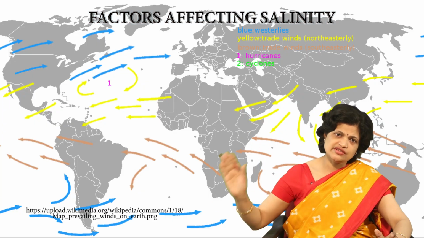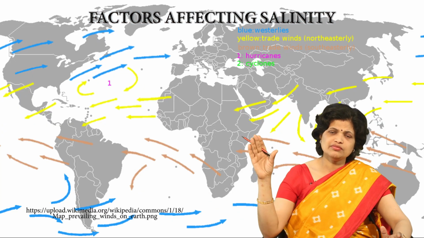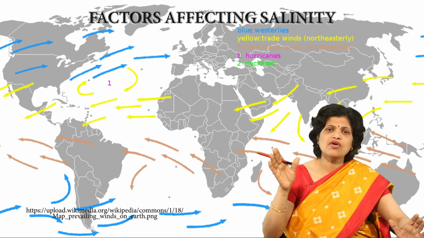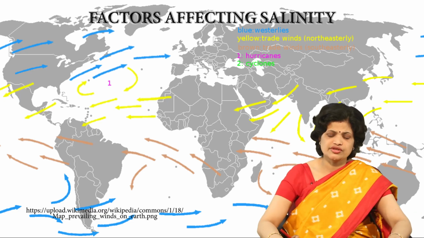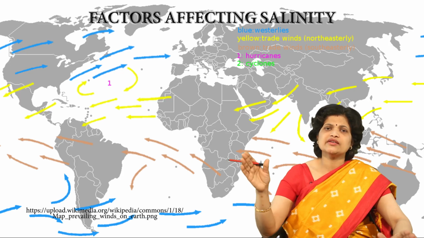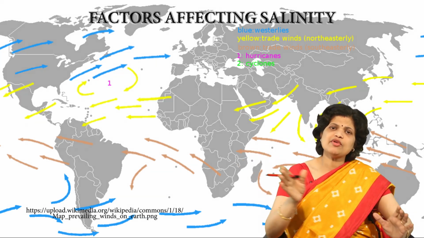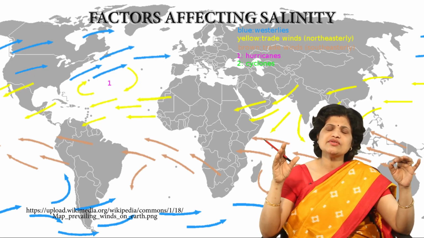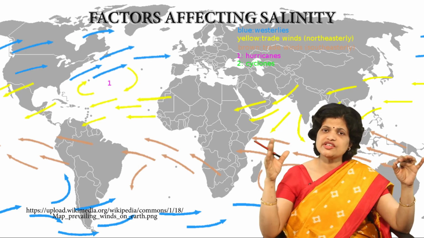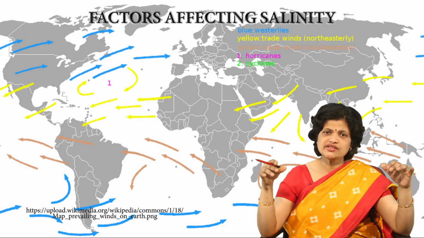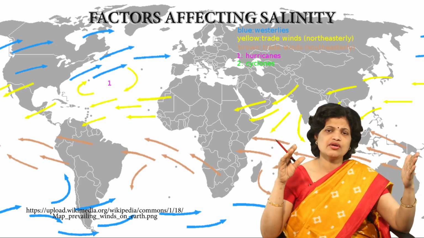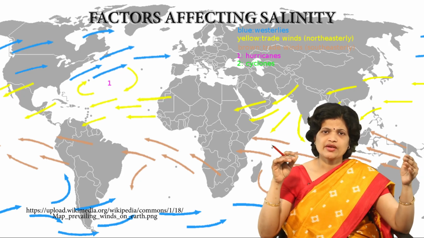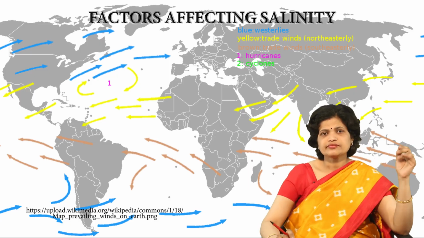The northeast trade winds and southeast trade winds blow from the eastern part of the oceans and deposit water towards the western side of the ocean. So they are responsible for piling up of water on the western side of the oceans, and so there is a decrease of salinity on the eastern side, and the western margins of the oceans show an increase in salinity because the wind direction is towards them.